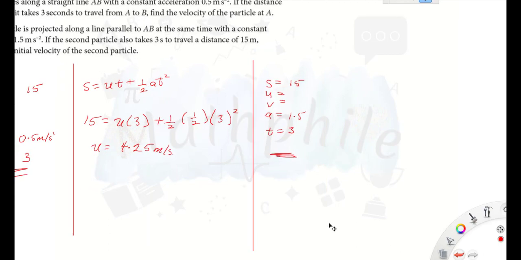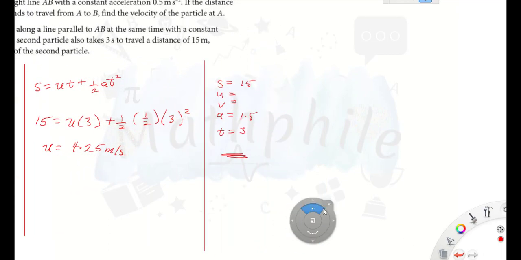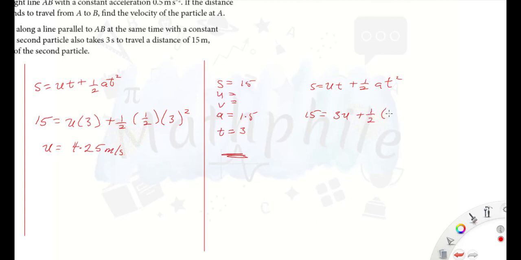Doing the necessary substitutions, that is S equals UT plus half AT squared, 15 equals 3U plus 1 over 2 multiplied by 1.5, multiplied by 3 squared.